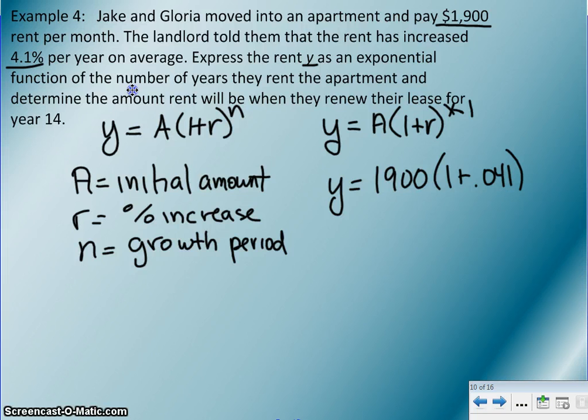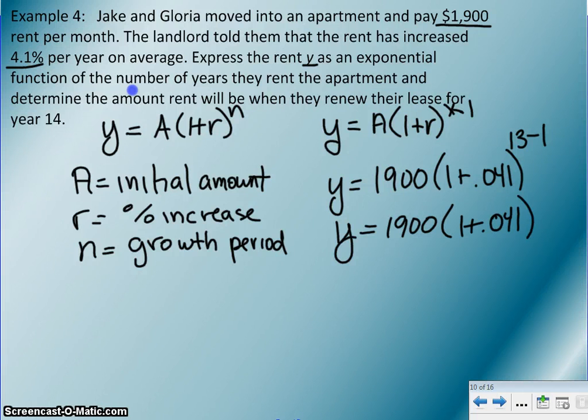X, so far, they have been there 13 years, and how do I know that? Because they're about to start their 14th year. So it's going to be 13 minus 1. When we rewrite this equation, it's 1900 times 1 plus 0.041 all to the 12th power.